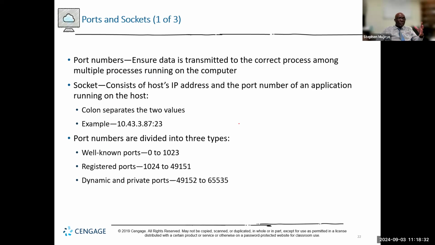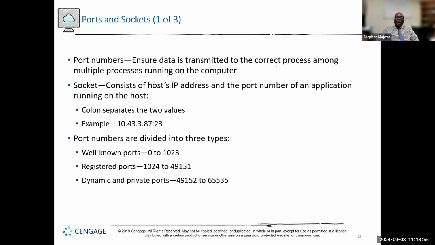This will take us to the third addressing. The first one was MAC addresses. The second one was IP addresses. Now the third one is ports and sockets. And in this recording, I think I will end with this section. Then in the other one, I'll explain the fully qualified domain names.